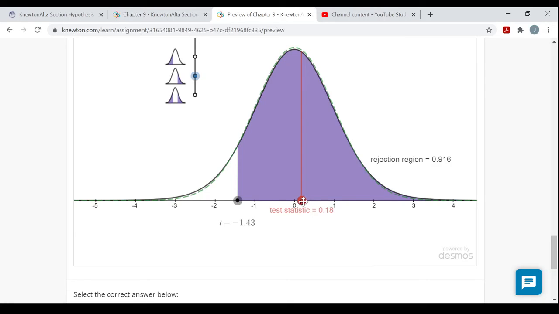The test statistic was at 2.08. Very sensitive. Okay.